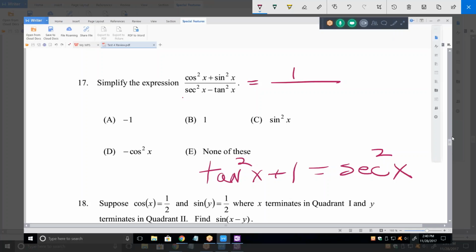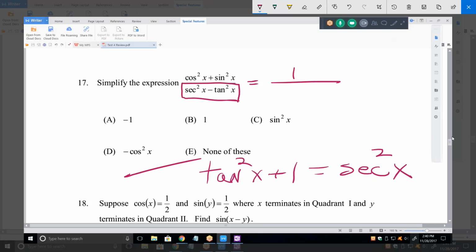They give it to you in that. Well, what does that equal? If this is true down here, what's secant squared minus tangent equal? Tangent squared x plus 1 minus tangent squared x. Give me an answer. What is secant squared minus tangent squared?